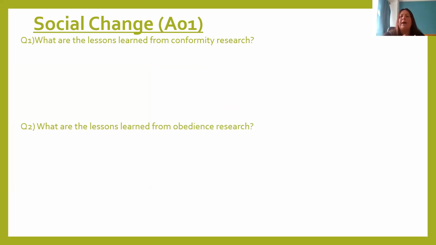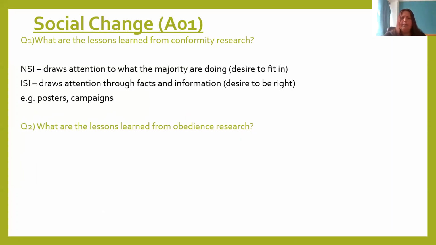So if we take our minds back to Asch and the ideas of normative social influence, so wanting to fit in and be liked, and informational social influence, a desire to be right and to seek the right information. We are going to be drawn to wanting to conform if that's what other people are doing, if that's what's deemed as the right thing to do.